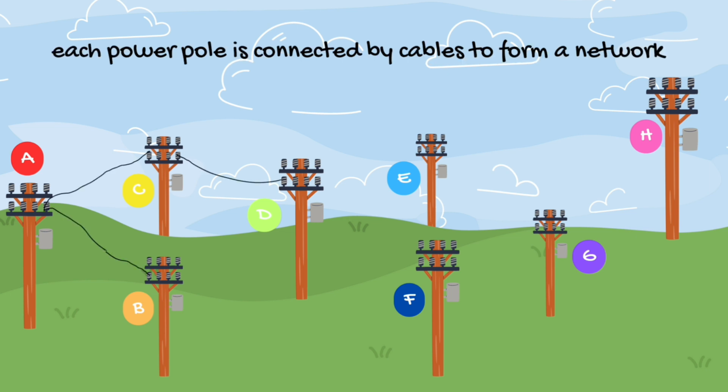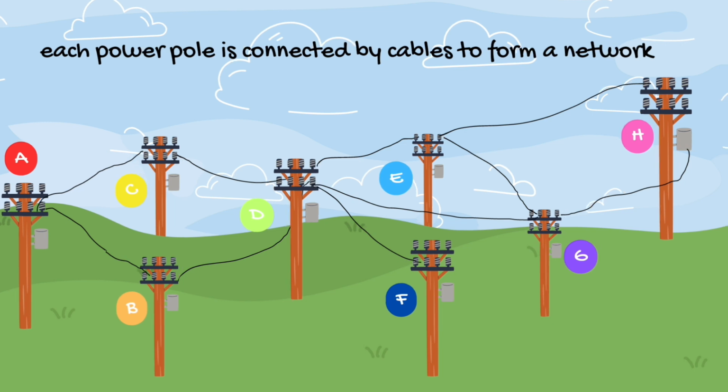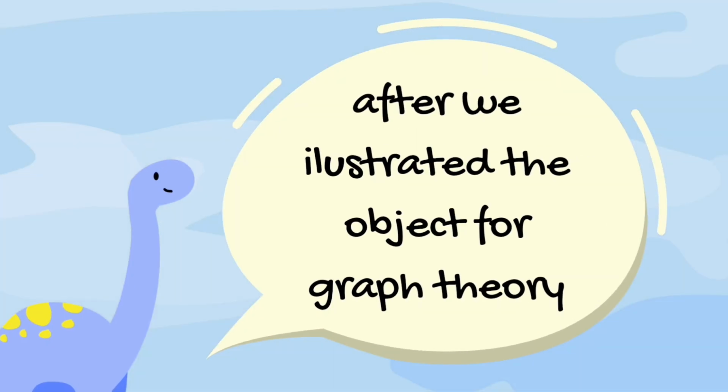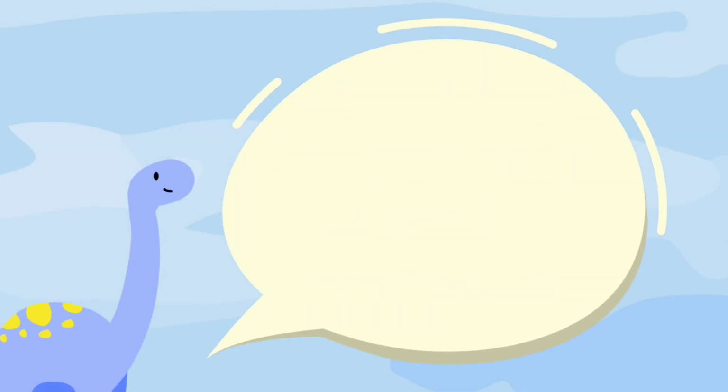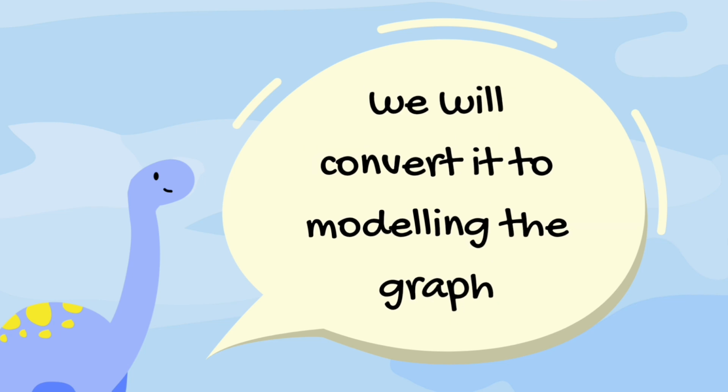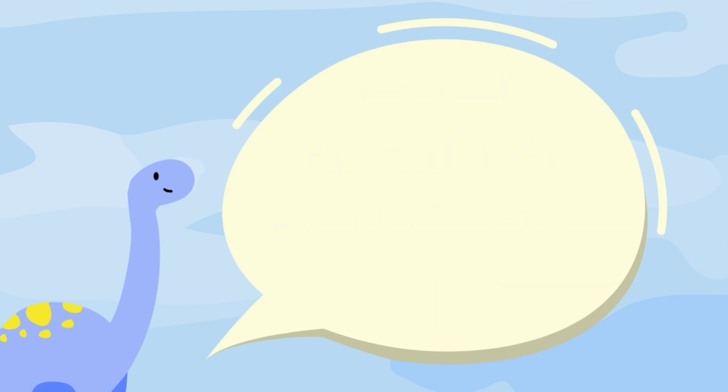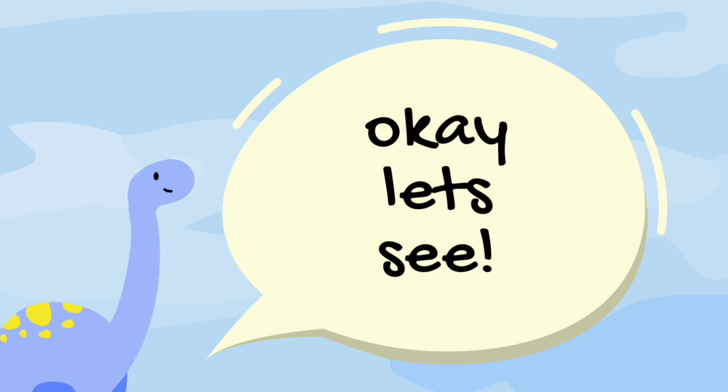Each power pole is connected by cables to form a network. You can see the cable formation in the video. After we illustrated the object for graph theory, we will convert it to a graph model. Okay, let's see.